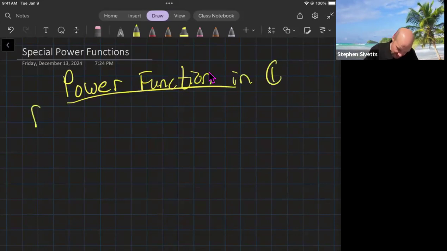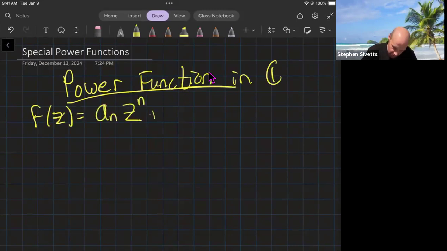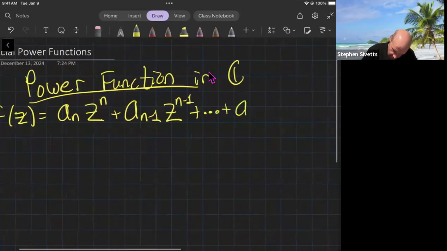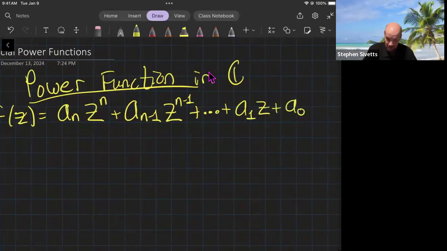It looks like this: f of z equals a sub n times z raised to the n power plus a sub n minus 1 times z raised to the n minus 1, plus dot dot dot all the way down to a1 times z plus a0.